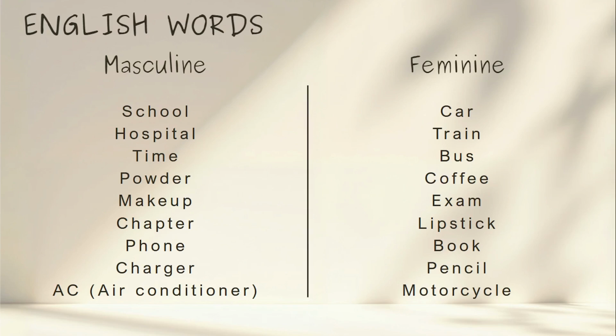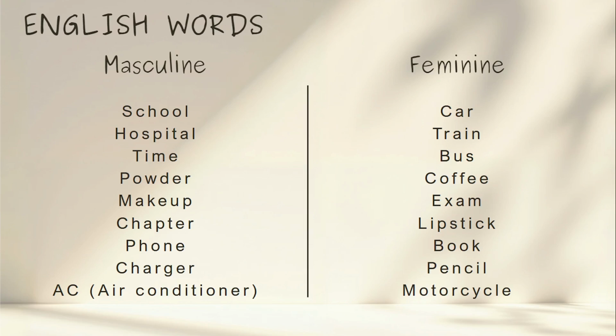School, hospital, time, powder, makeup, chapter, this is a book chapter, phone, charger, AC. All of these are masculine nouns. Whereas car, train, bus, coffee, exam, lipstick, book, pencil, motorcycle, all of these are feminine words.